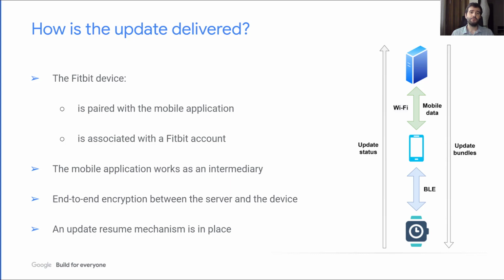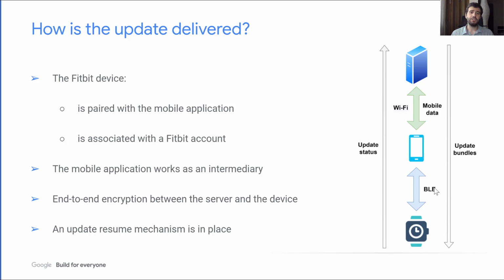When a new firmware update image is available, the user receives a notification in the Fitbit application, and when the user initiates the firmware update from the application, the mobile device connects to the server through either Wi-Fi or mobile data. It requests the update image from the server and it sends it to the Fitbit device through BLE.